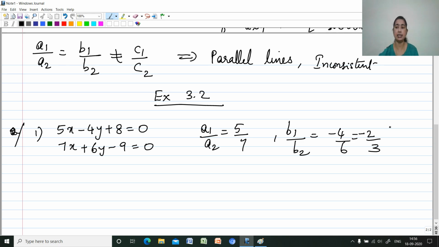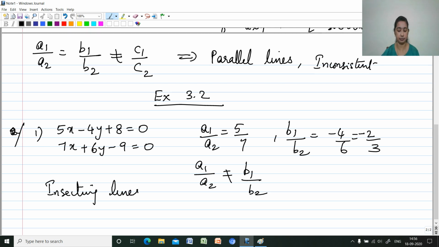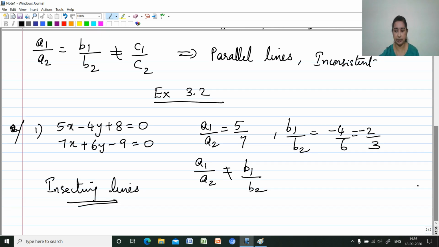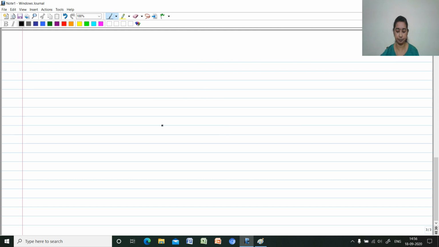So from here itself we know that a1 by a2 is not equal to b1 by b2. If a1 by a2 is not equal to b1 by b2, then we can say that they are intersecting lines. So for the first question, they are intersecting lines. Moving on to the second one.